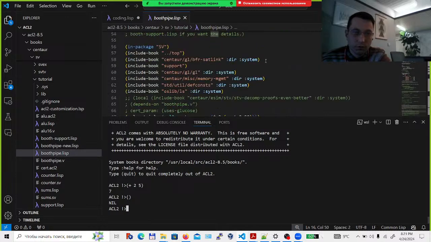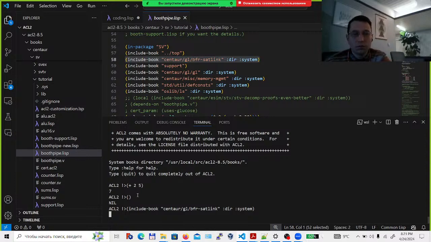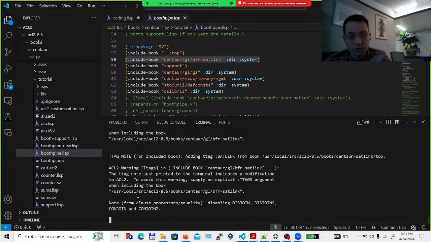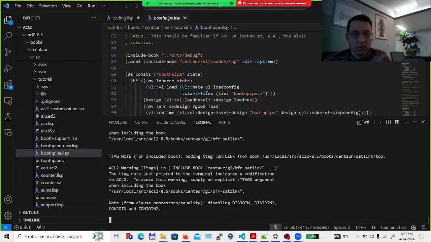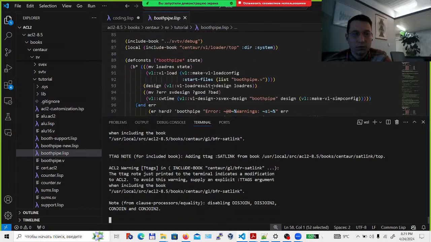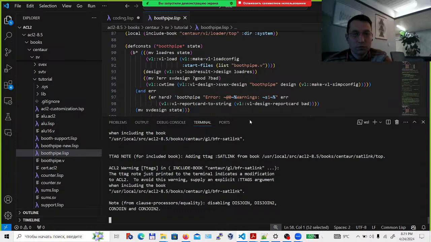Also, you are able to do something like this: open a file, copy and paste inside your repo, and check what's going on inside it. Then this goes to check all the proofs defined in those files, and then you are able to implement some kind of verification that I showed previously.